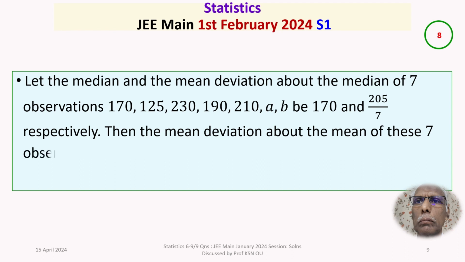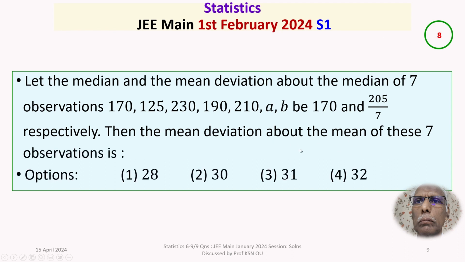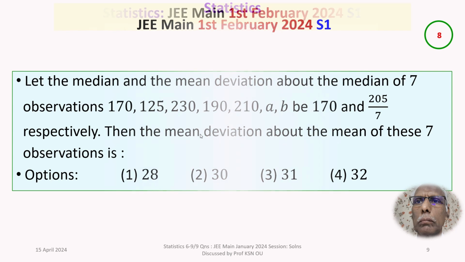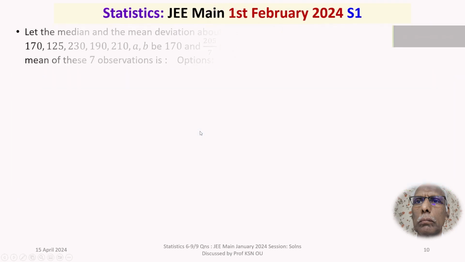Then the mean deviation about the mean of these 7 observations is, we are given 4 options. So we are now required to find the mean deviation about the mean of these 7 observations. Right. We now discuss the solution of the problem in detail.